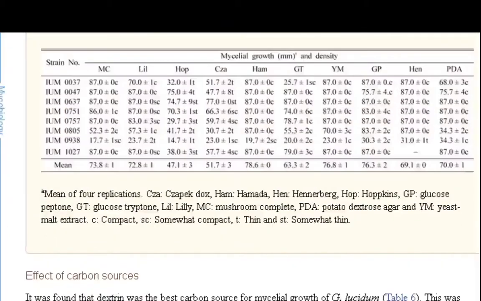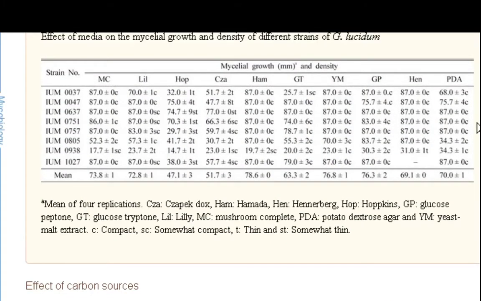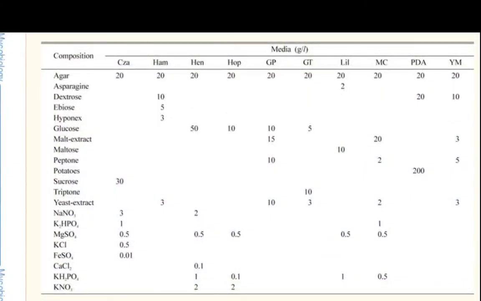Then we have the types of mediums. If we go back up to the top of the list and see sucrose here, sucrose is only in the CZA, and they are adding some other components to add to the growth: some phosphates, calcium chlorides, iron sulfate, potassium chloride, magnesium sulfate, some sodium.